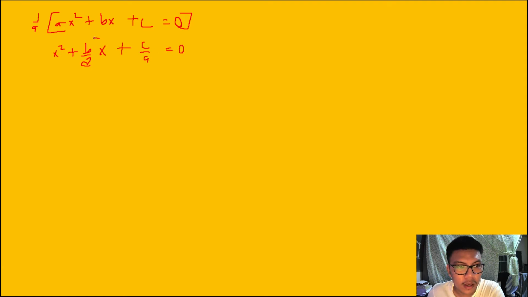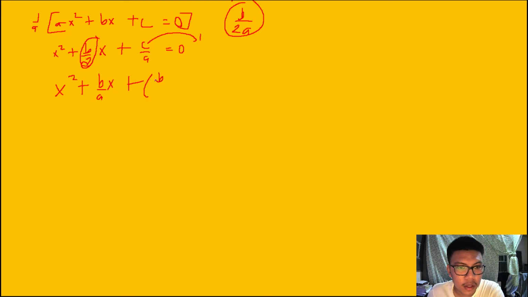Then we get the half of this coefficient. So we have b over, so yung 1/2 niya ay 2a. Then we add the half of both sides of the equation of the squares of the half of this coefficient. Then we transpose this. So we have now x squared plus b over a x plus yung square nito.